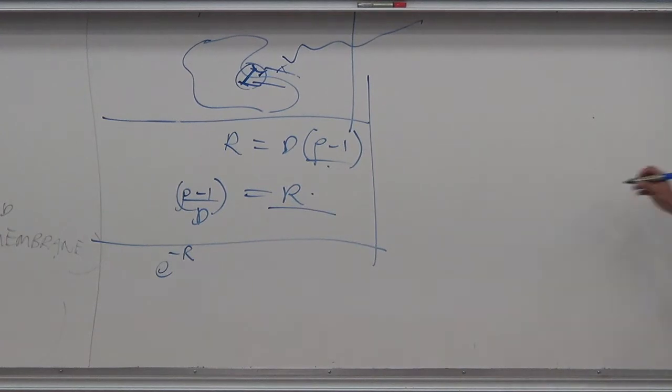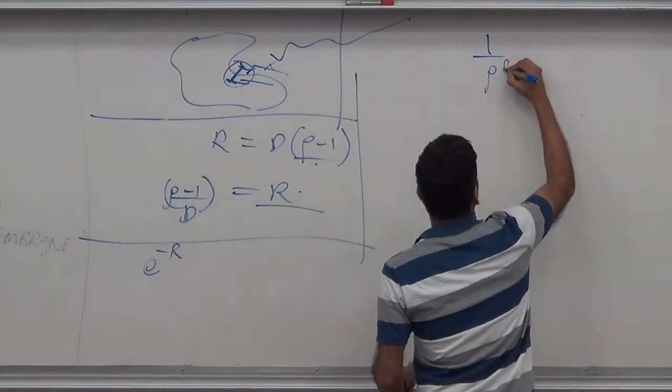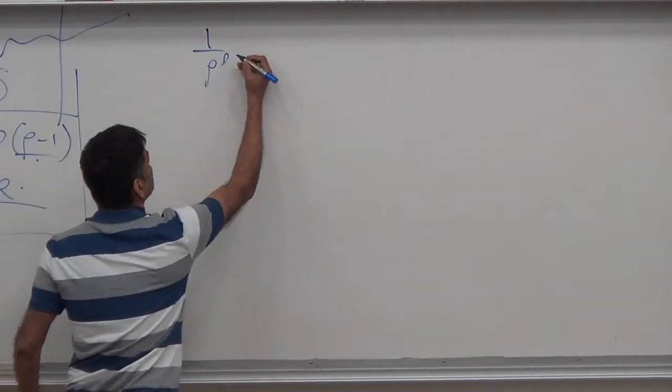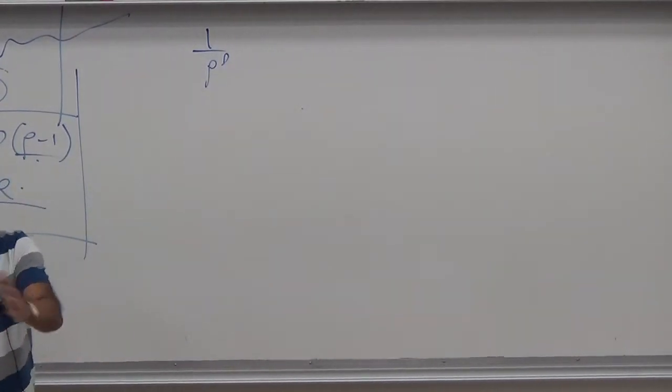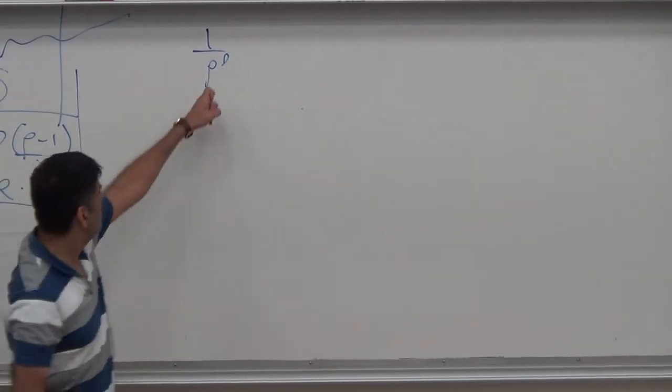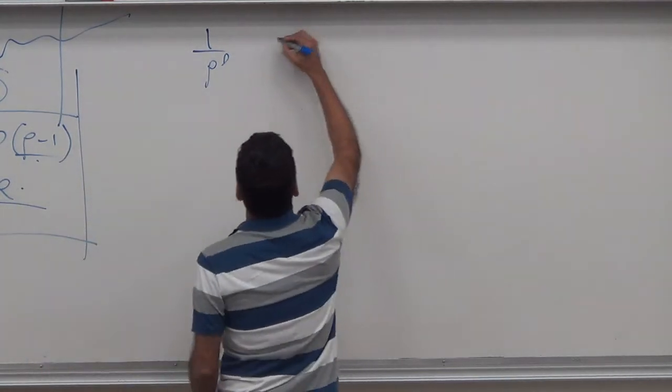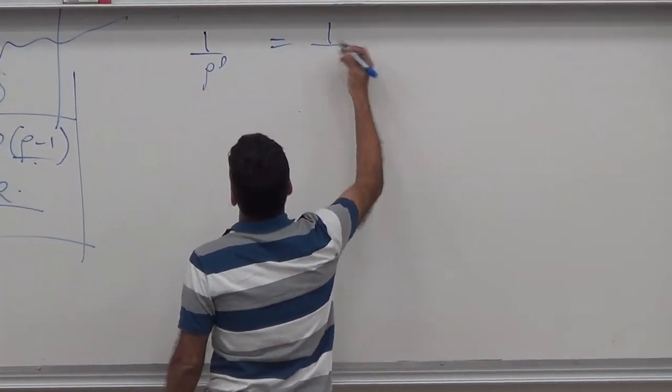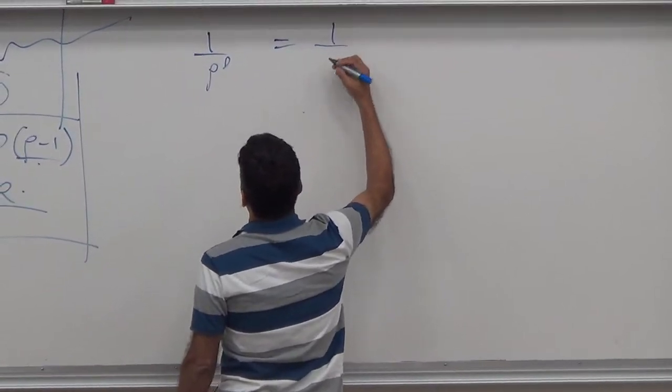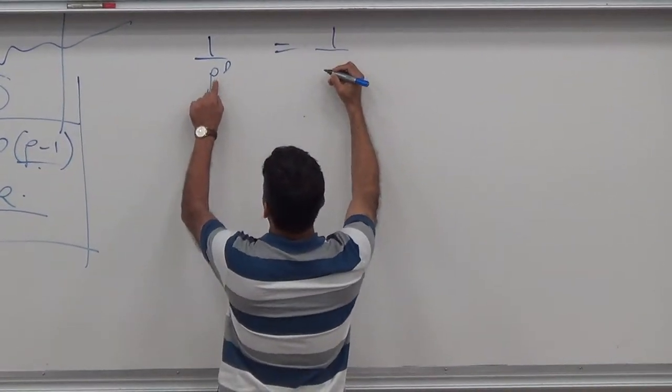For instance, in our zeroth order ansatz, we have this factor 1 over rho to the power D minus 3. Let's call it 1 over rho to the power D because D and D minus 3 are the same at large D. Let's write this as 1 over, so we'll expand this around rho equals 1.